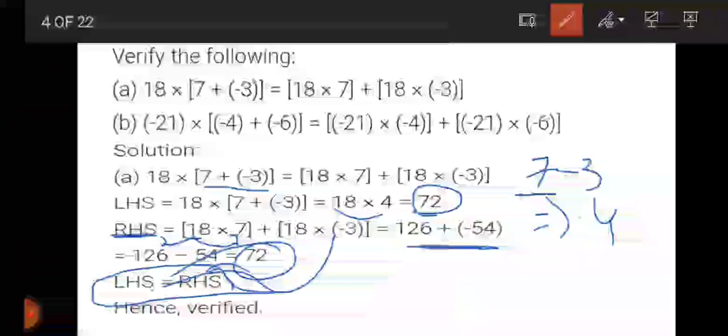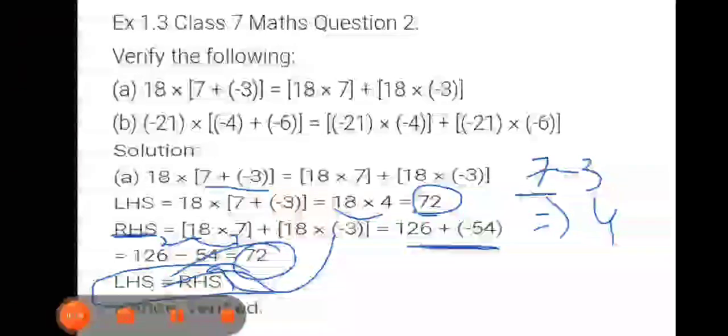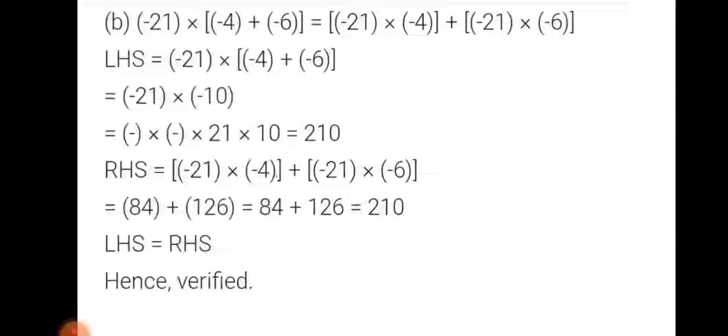That's it. Very good. Maybe you understand this question very well. Okay, next question. The second, B part of this question, you do the same way. First you solve the bracket and get the number, after that you multiply, and first you solve the left hand side and then the right hand side.